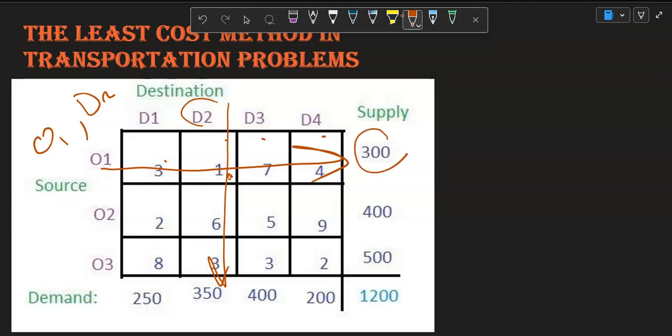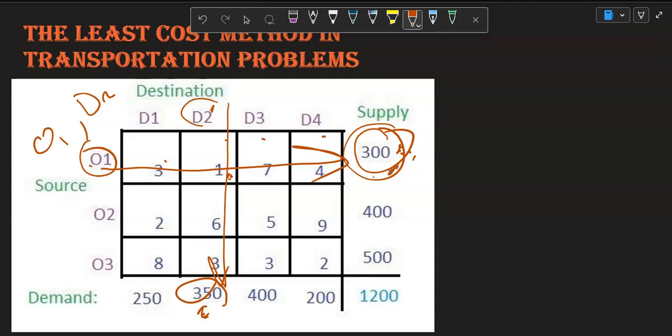Okay, so our objective here is to look at the supply that O1 can give us and the demand that D2 needs. Okay, and when we identify these two, when we put them into consideration, you get the lower of the two, the smaller of the two. In this case, this guy O1 can only supply 300, but this guy needs 350.